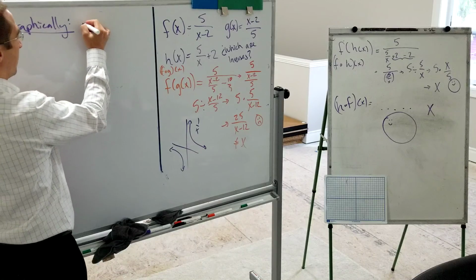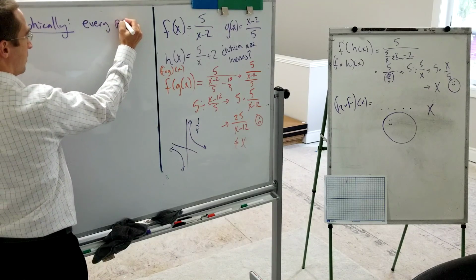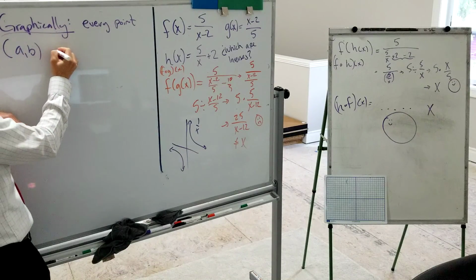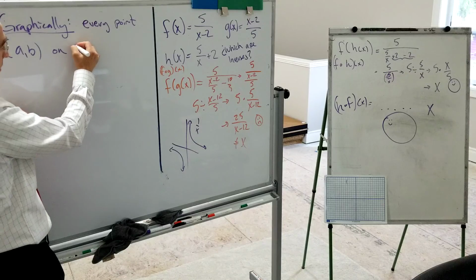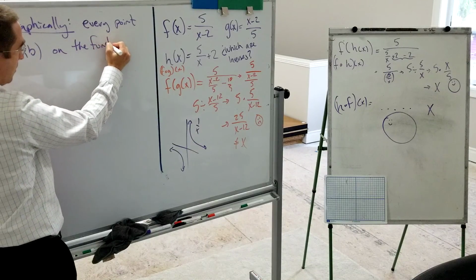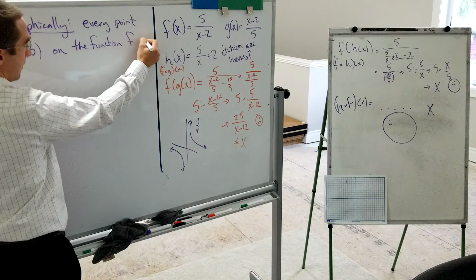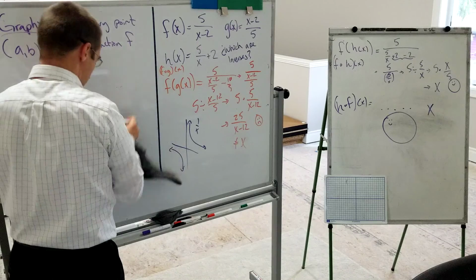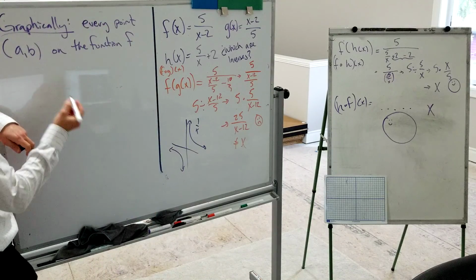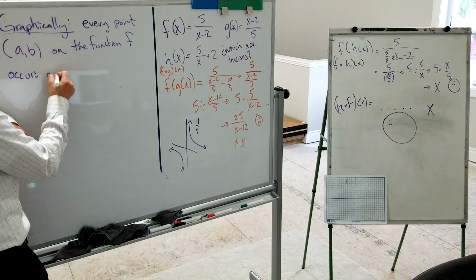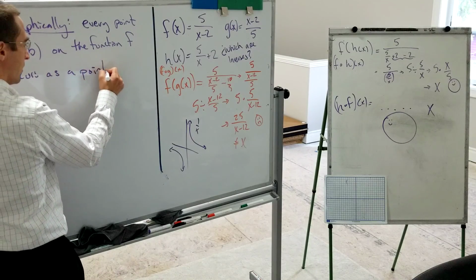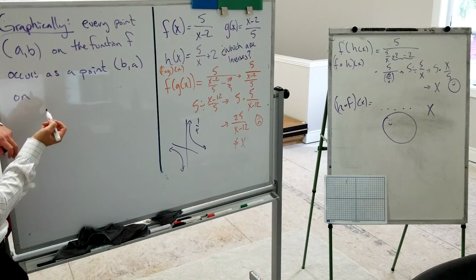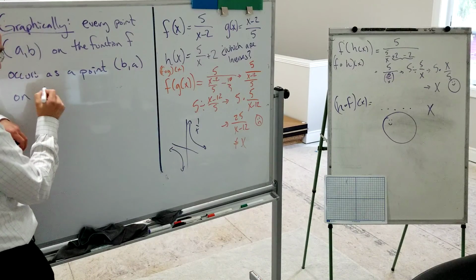On a graph, every point a comma b on the function f occurs as a point b comma a on f inverse.